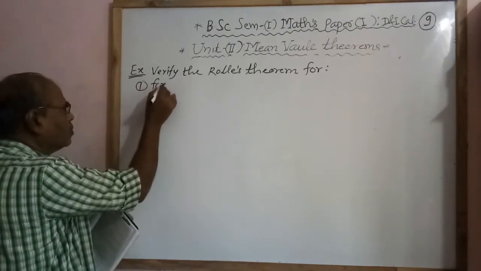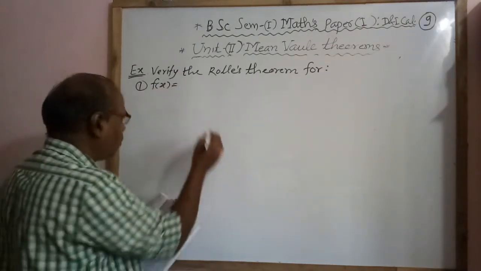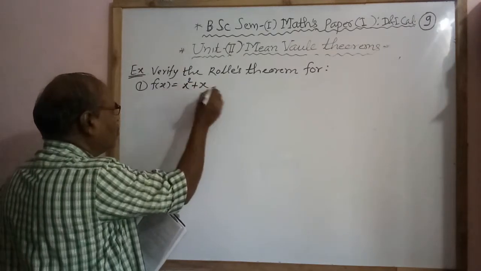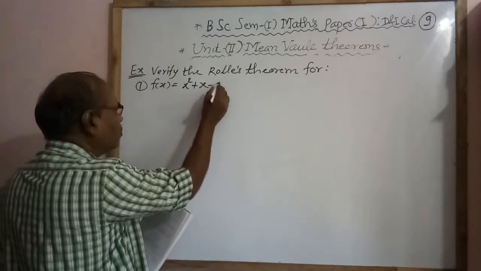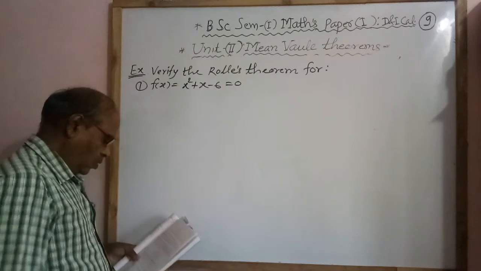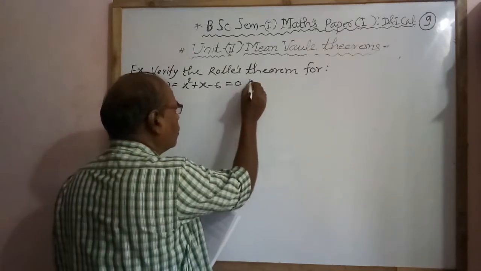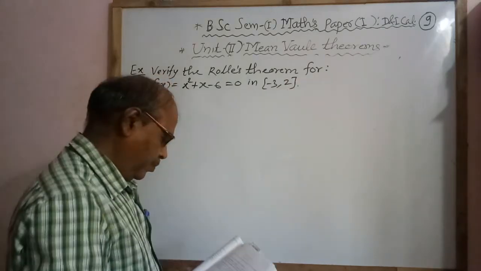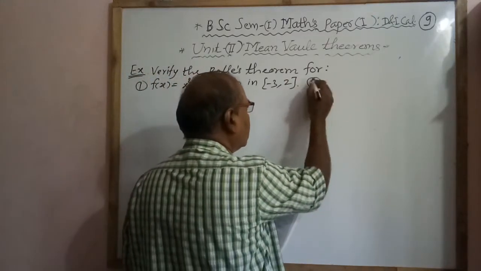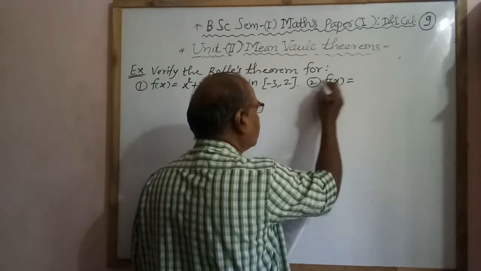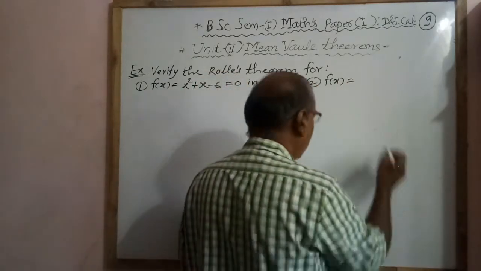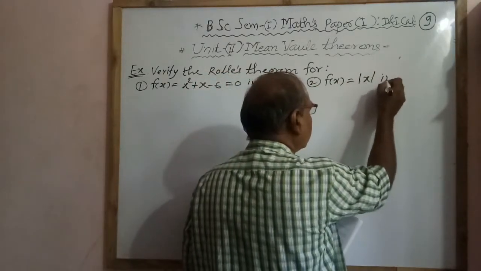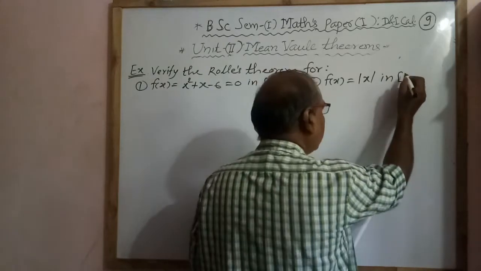First, f of x equals x square plus x minus 6 in the closed interval minus 3 to 2. Second, f of x equals mod of x in the interval minus 1 to 1.